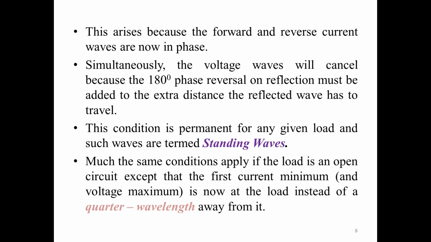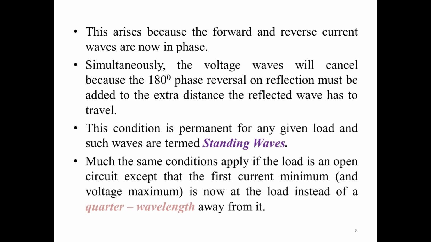Simultaneously, the voltage waves will cancel because the 180 degrees phase reversal on reflection must be added to the extra distance the reflected wave has to travel. This condition is permanent for any given load, and such waves are termed standing waves.